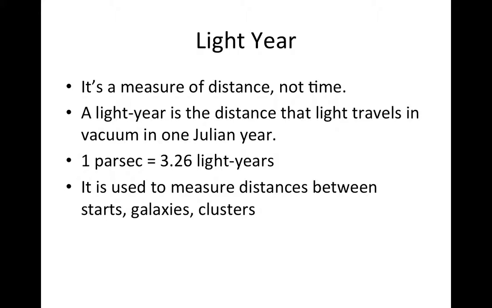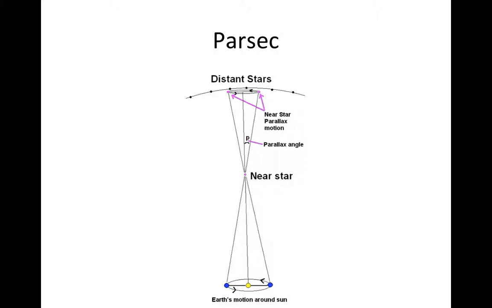1 parsec, how we defined it before, is 3.26 light years, all right? Light years, because it's such a large astronomical unit, is very useful to measure the distances between distant stars, galaxies, and clusters of galaxies. All right. One of the problems of the parsec is that the more distant the object is, the smaller the parallax angle is.